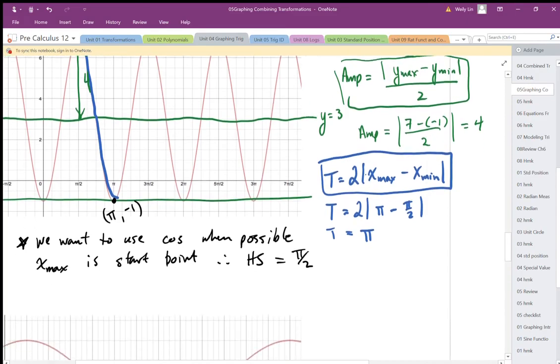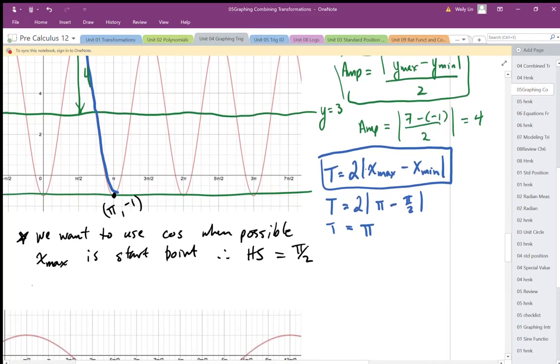Okay? So I'm going to write that in terms of cosine. So if I want to write that, that becomes my amplitude of 4 times cosine. My period is pi. Well, I better change that into b. So if t is equal to pi, b is equal to 2 pi over the period. So that's going to be equal to 2 because t is pi in this case. So there's my coefficient 2.